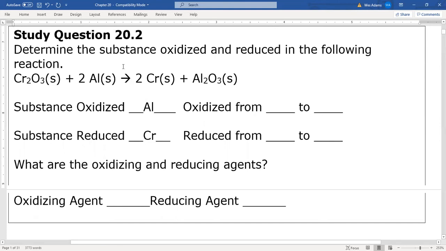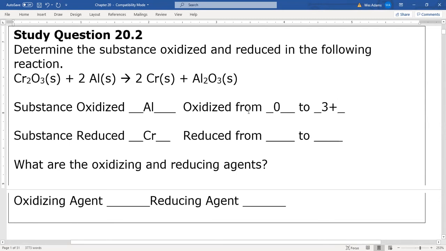Now, if we look at the ionic compounds, the aluminum is going into a compound. Aluminum forms a +3, so it's a 0 as a free element and a 3+ in the compound, because it's in group 3A. And we can see that that's true. 3 times minus 2 is minus 6. 2 times plus 3 is plus 6.